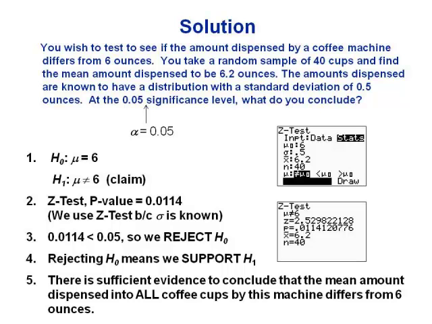Reject the null, that means we support the alternative. That always goes together. If you reject one, you support the other. And we have enough evidence because this was smaller than 0.05. It was fairly conclusive. So we do have sufficient evidence to conclude that the mean amount dispensed from all coffee cups in this machine would differ from 6 ounces.